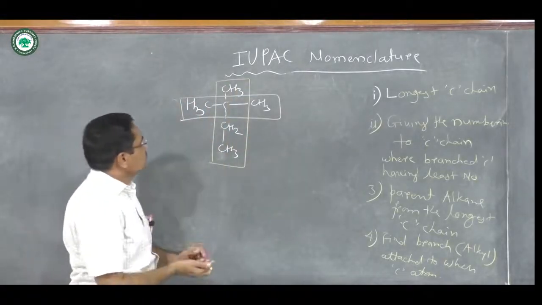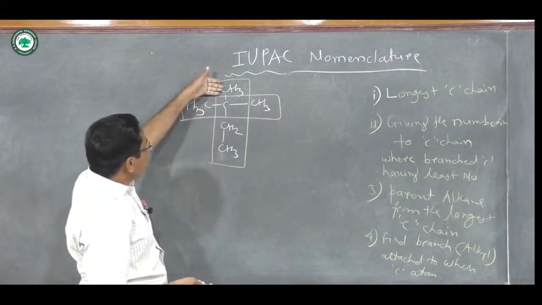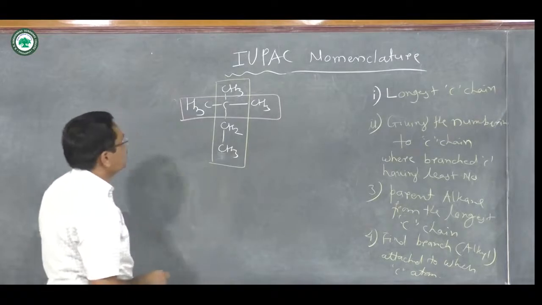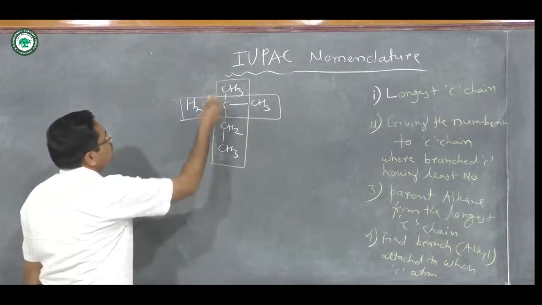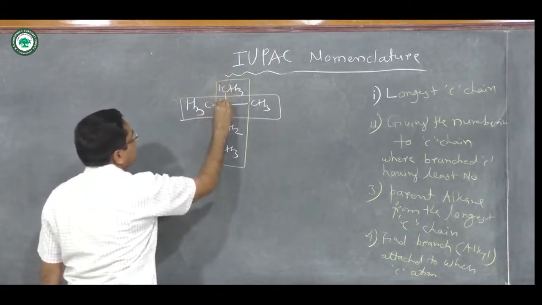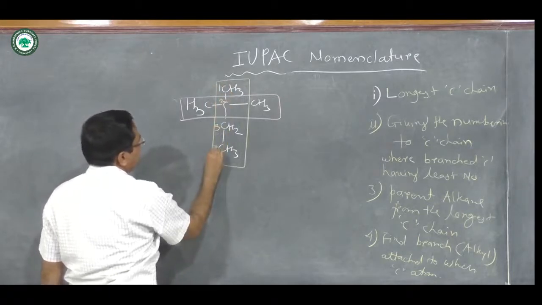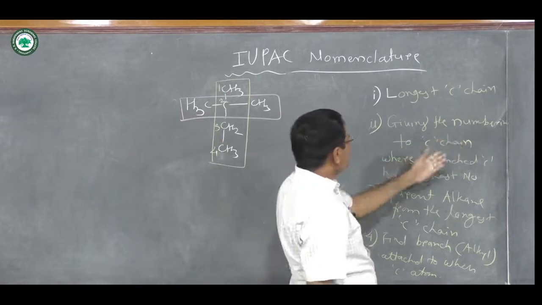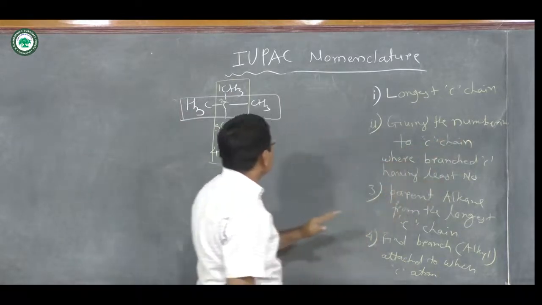Now obviously this is the longest chain because it contains 4 carbon atoms. So 1, 2, 3 and 4. Giving the number to the carbon atoms where the branch carbon atom has the least number.